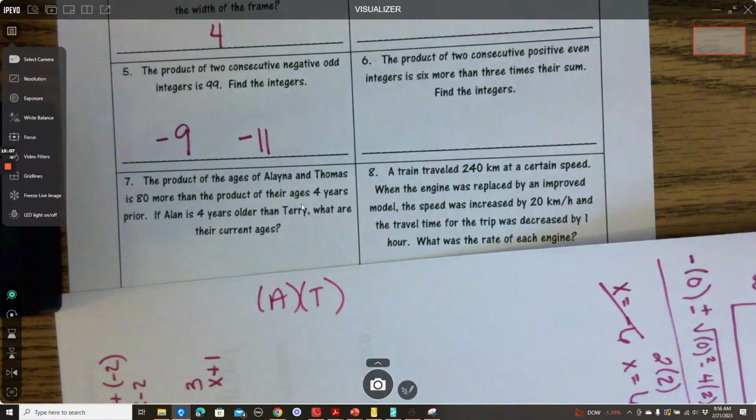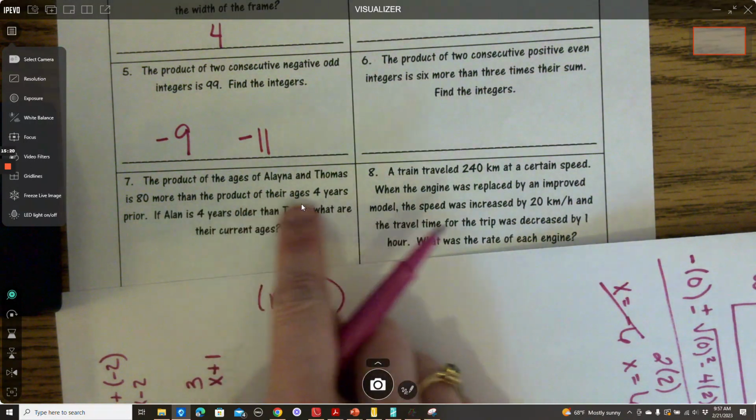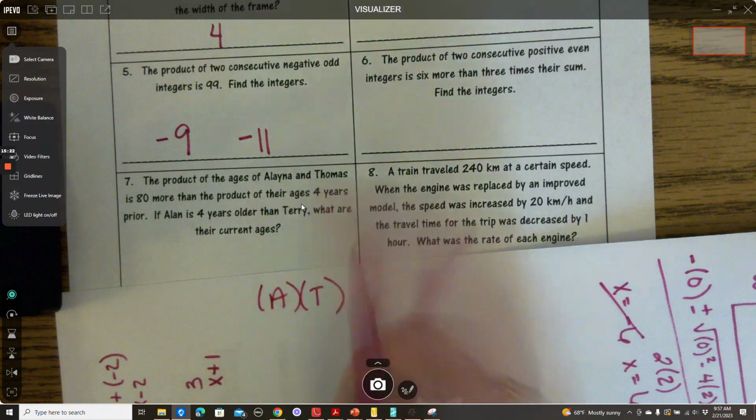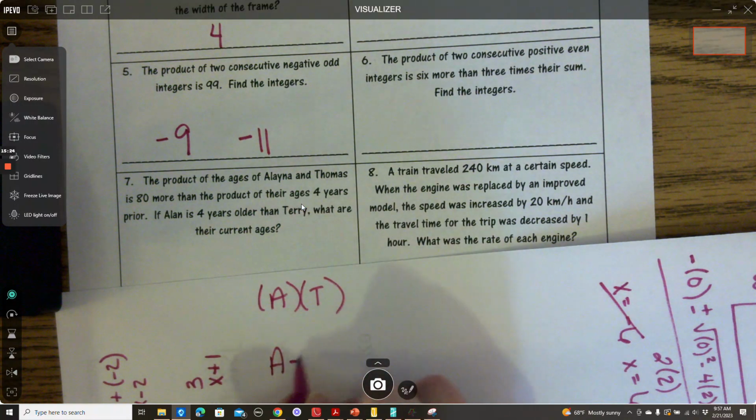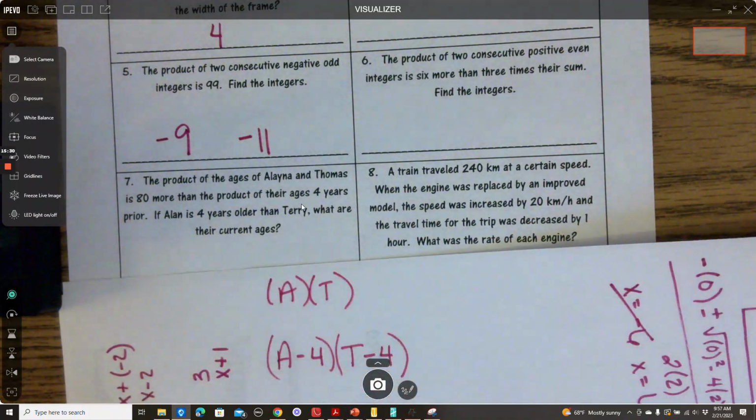So if you're 14 now, how old were you 4 years ago? How'd you do that mathematically? You subtracted 4, right? So 80 more than the product of their ages 4 years ago. If I do Elena minus 4 years times Thomas minus 4 years, that's the product of their ages 4 years ago.